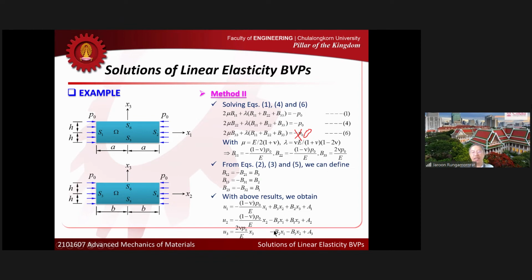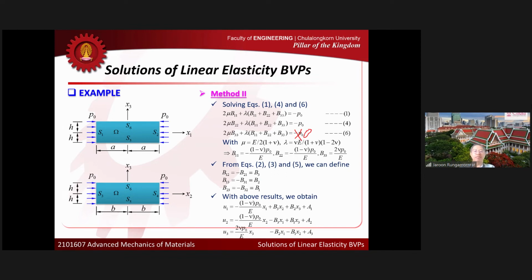Now we're done with confirming the displacement field that we guessed. Why can I conclude this? Because we already checked all the conditions that we need. We checked the governing equation inside, and the guessed displacement field generates strain and stress that satisfy all governing equations.